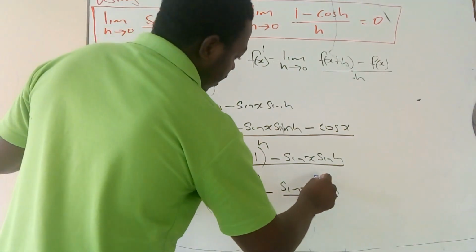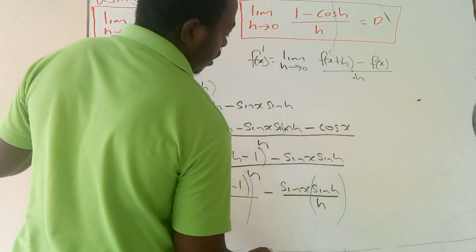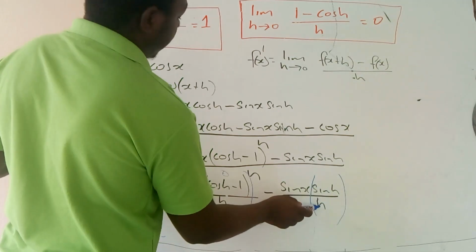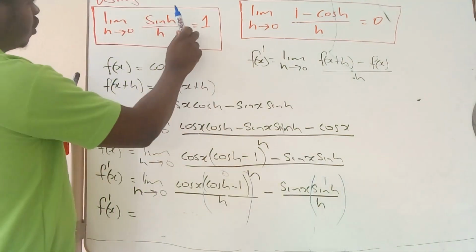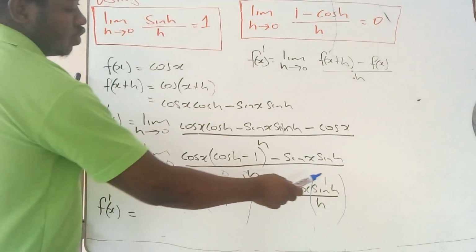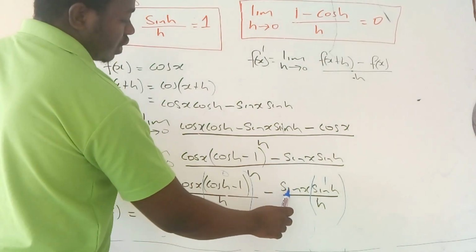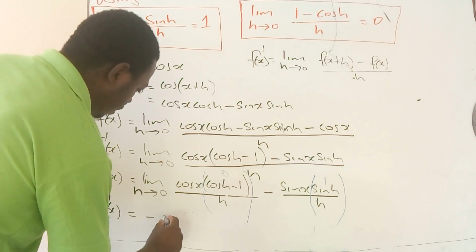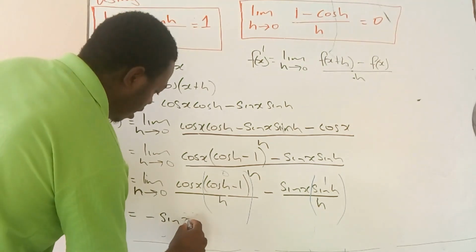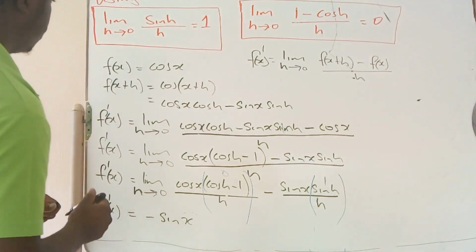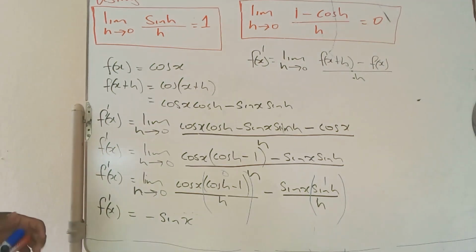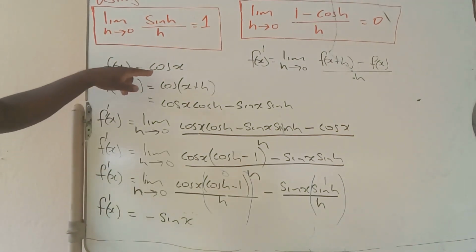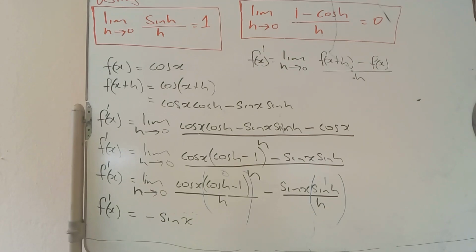We know that this section here, sine h over h, that's just 1 according to the rule, right? So that's just 1 times minus sine x. So our final answer is just minus sine x. So when you use first principle to differentiate cos x, that's the answer there. Alright, let's look at another example.